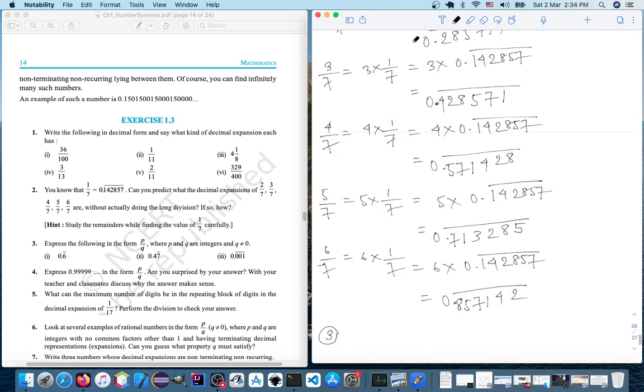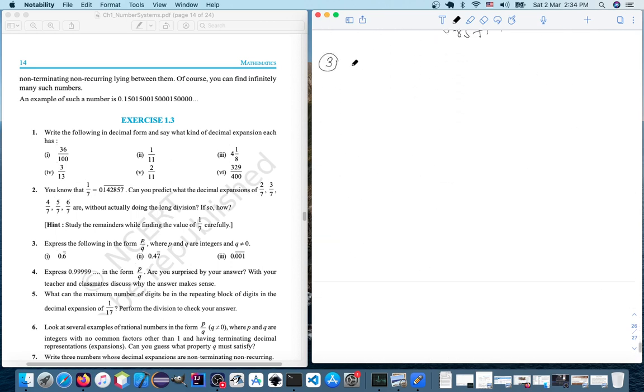So for the first example, it's given x equals 0.6 bar. So we have one digit in the repeating block of digits, which is 6. Since there is only one digit, we multiply x by 10. So x is basically 0.6666 dot dot dot. We multiply, 10x is 6.6666 dot dot dot.